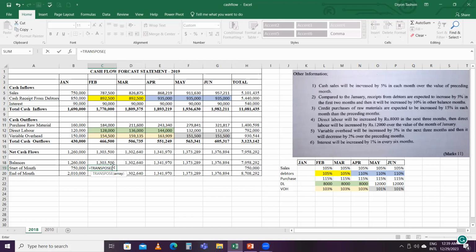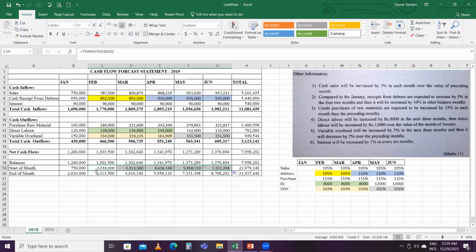The beginning value of the February will be the end value of the January. Check whether this is correct. See this one. End value of the January will be the beginning balance of the February. End value of the February will be the beginning balance of the March. So end value of May will be the beginning balance of June, likewise.